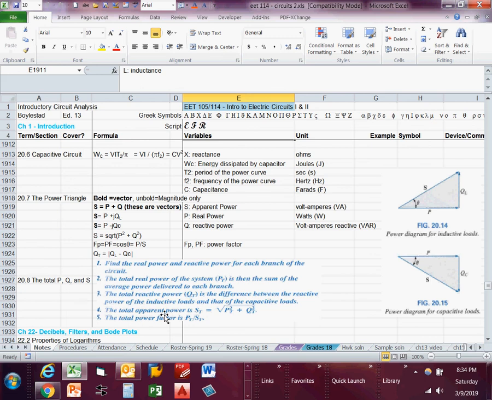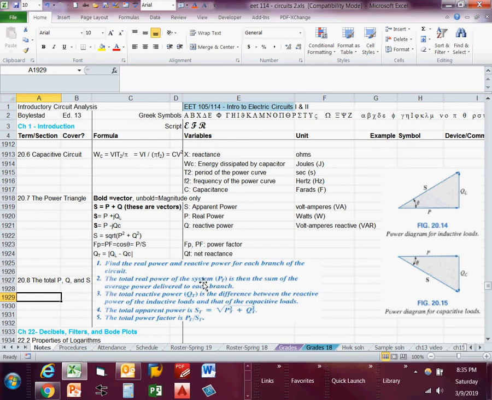S is the square root of P squared plus Q squared. Power factor equals cosine of theta, P divided by S. Q sub T is the net reactance, and it is the absolute value of Q sub L minus Q sub C. To find the total P, Q, and S, find the real power and reactive power for each branch of the circuit.